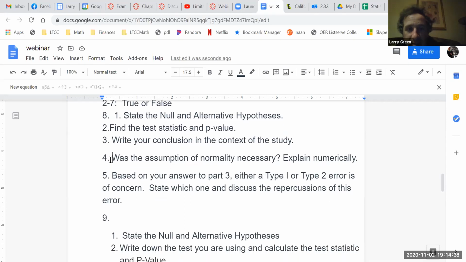Okay, was the assumption of normality necessary? Explain numerically. Okay, there are really two types of problems. What are the 2 types of problems when it talks about normality?